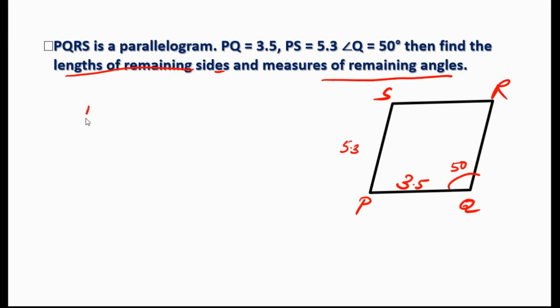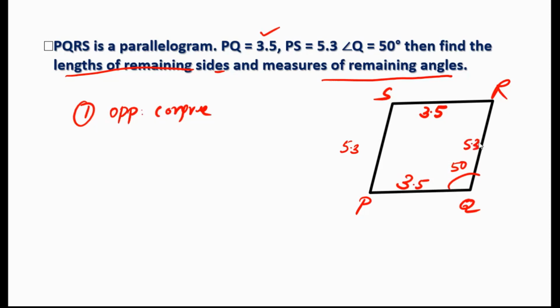I won't spend much time because you should follow this quickly. We will be applying the learned principles and properties of parallelogram. If I start with PQ, I can simply write this is equal to 3.5 because one property is that opposite sides are congruent. If that is so, then this is also 5.3.